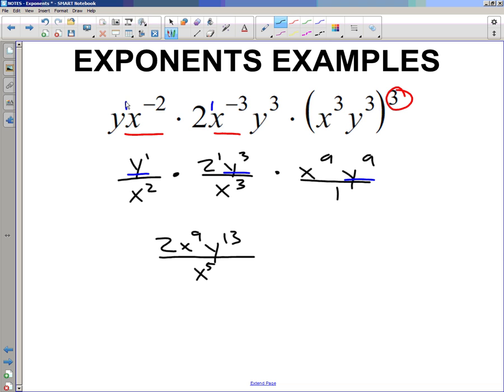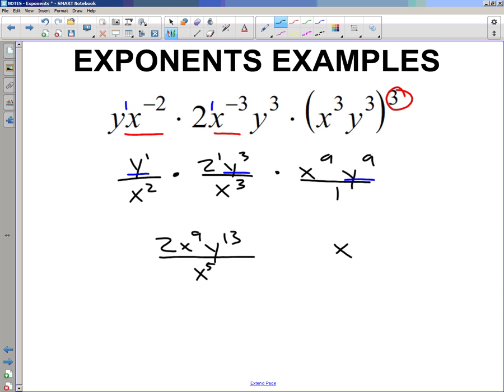All right, now I've got everything into one fraction, and we'll look to see if we can simplify anything. With the x's, we've got x's on the top and x's on the bottom. There are 9 x's being multiplied across the top and 5 on the bottom. And we should be able to cancel a bunch of x's. We should be able to cancel 5 on the top with all 5 of them on the bottom.